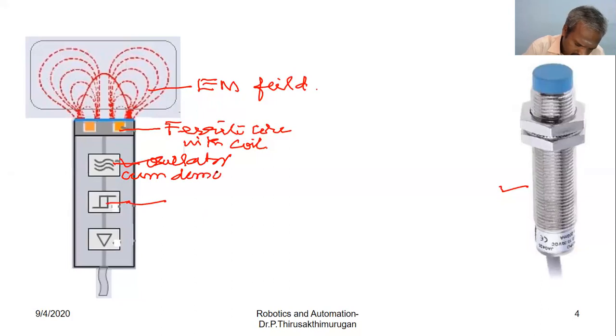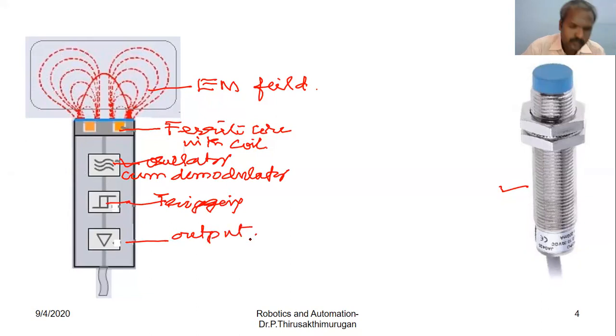Okay, this is the triggering stage. So this is the output switching stage, that is the output stage. So let's see the detailed circuit diagram of the oscillator and the head.